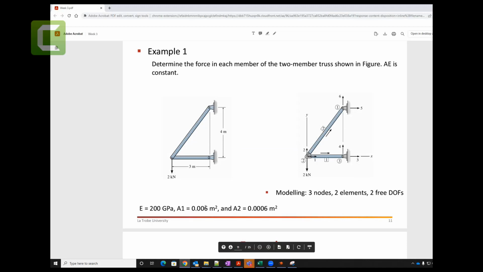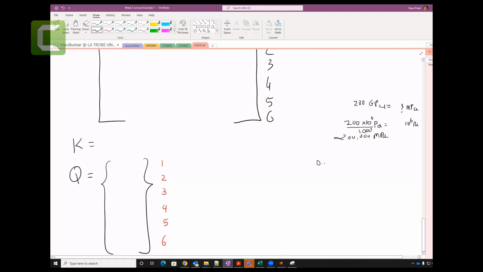You have 0.006 meter square. We want it in millimeter square. So 0.006 times 1000 times 1000 again to get it into millimeter square, because 1 meter square is this.